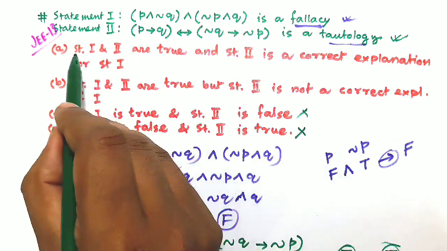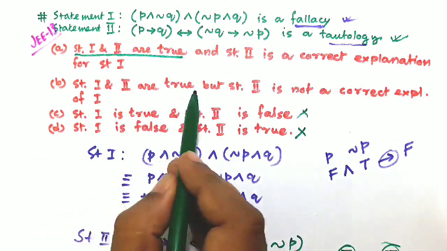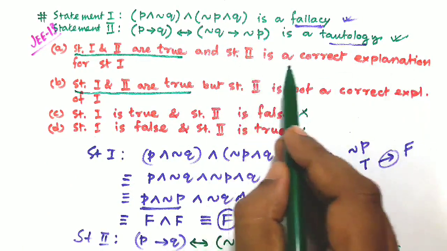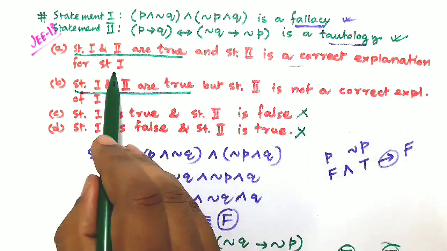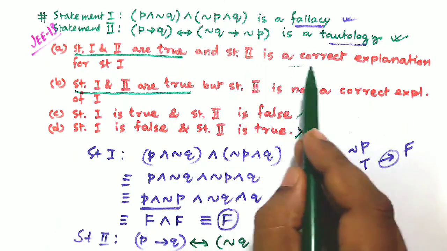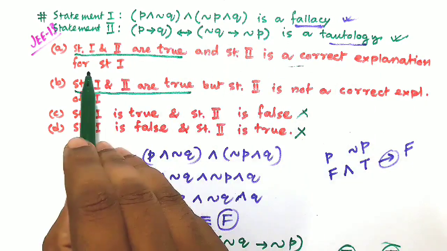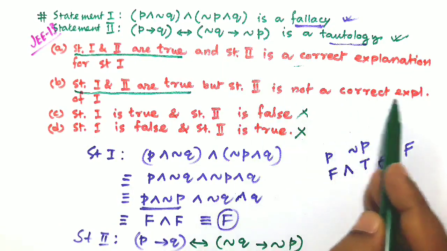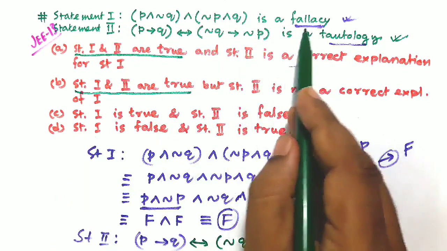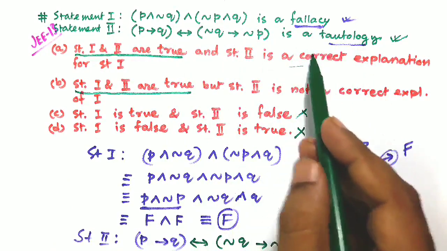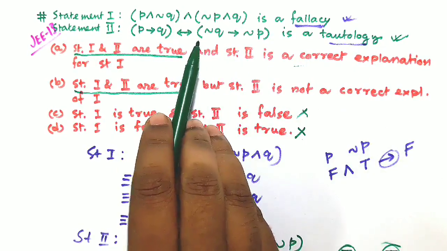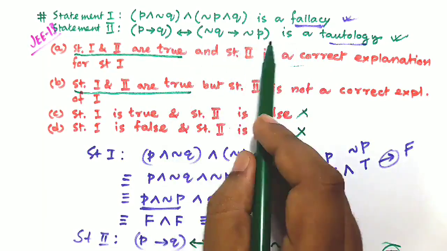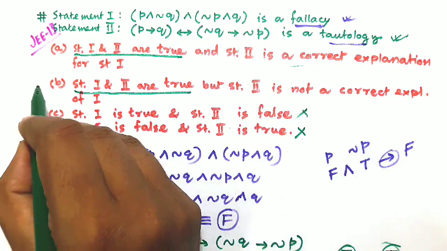Statements 1 and 2 are true, this is correct, but the clause you have to check: statement 2 is the correct explanation for statement 1. But statement 2 is not a correct explanation of 1. Obviously this is a fallacy statement, this is a tautology statement, so you can't say that statement 2 is the correct explanation of 1. That means statement 2 is not a correct explanation of 1. So your option is B.